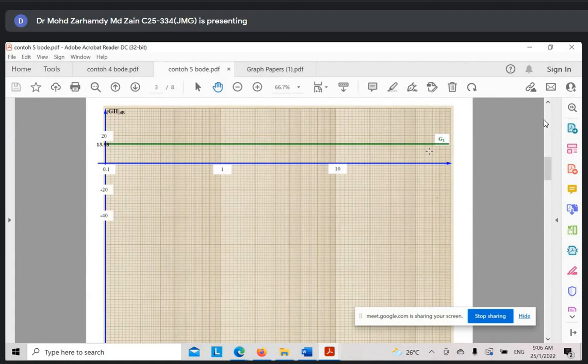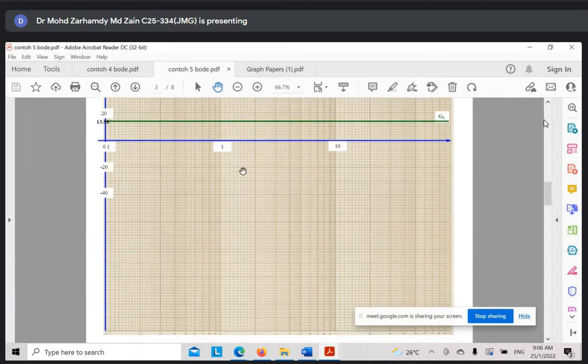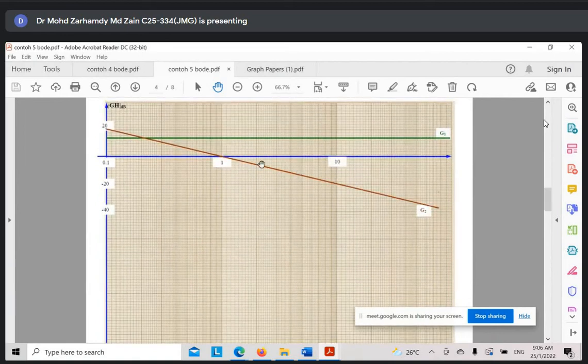Okay, so now G2 we know. Okay, G2 represents the line crossing at 1, but the gradient is negative 20. So dia akan pergi ke sini kan, tak ada masalah, sebab you have 1 and 10 is 1 cycle, negative 20 here. So ambil pembaris, you layan saja, you will get this.